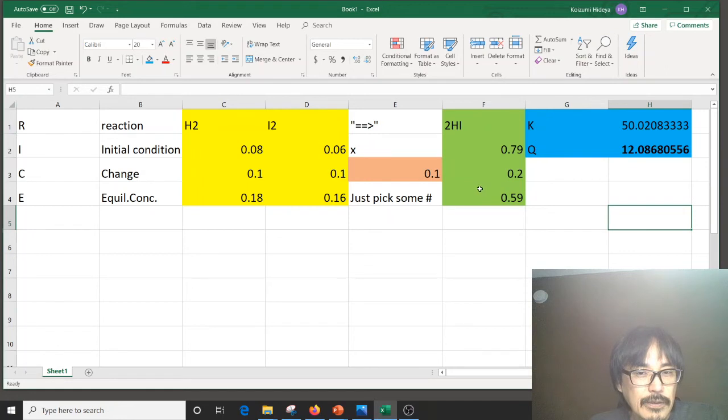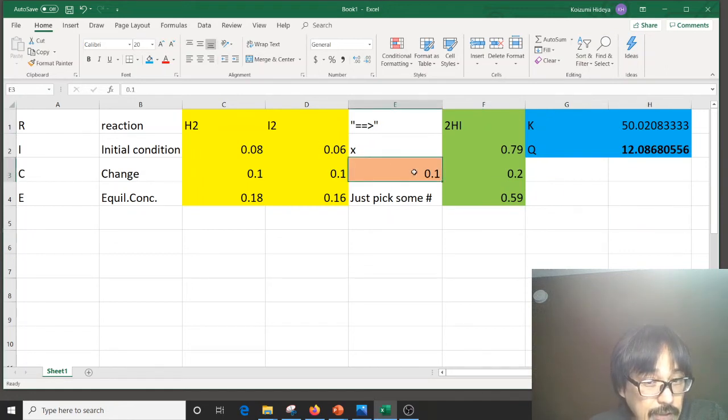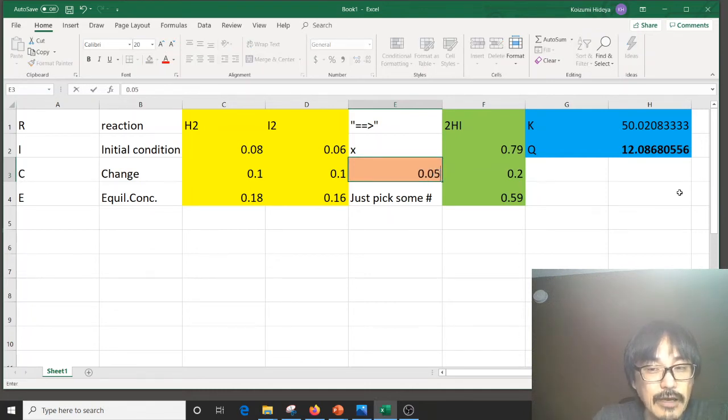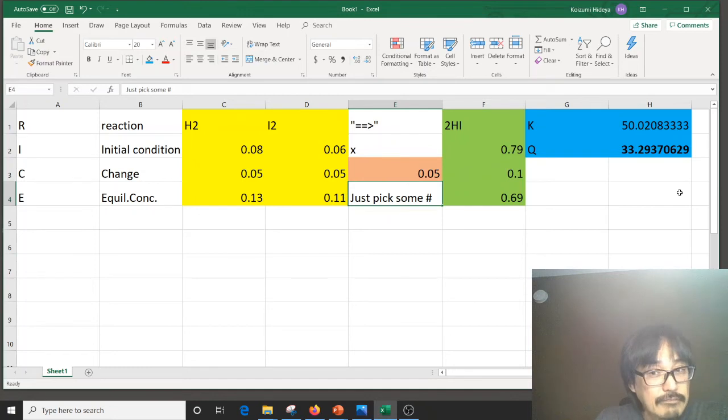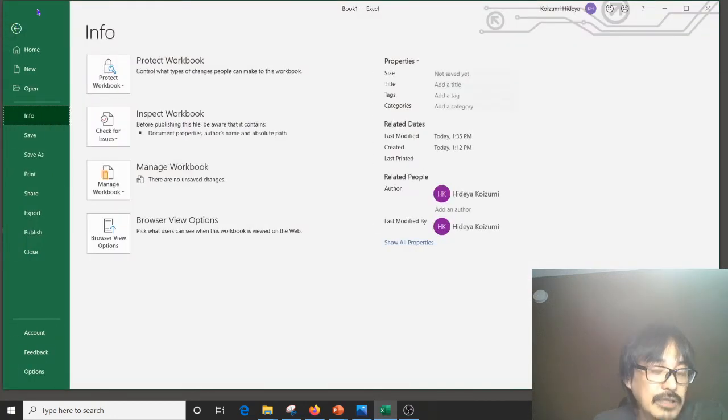At this point, we don't really know what this x really is, but eventually by changing this number 0.5, it will approach this value right here. So how do you get that? You're actually going to modify your Excel worksheet.